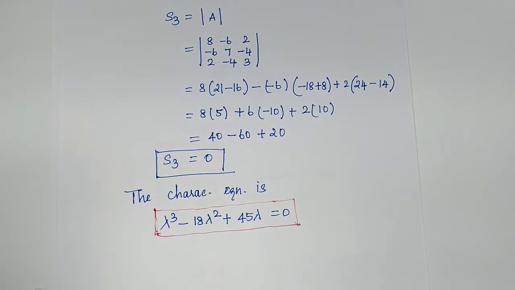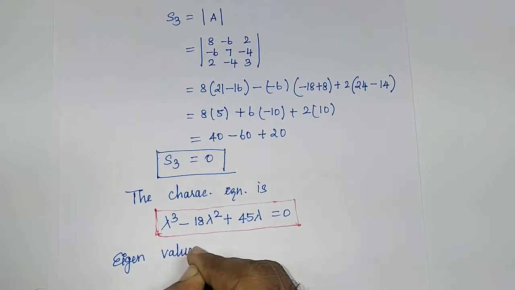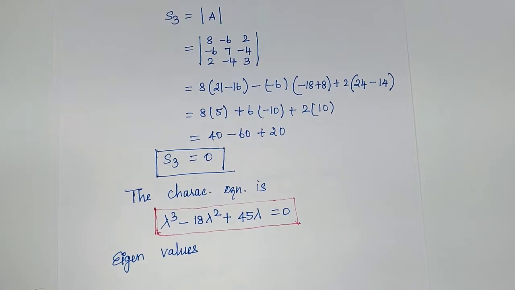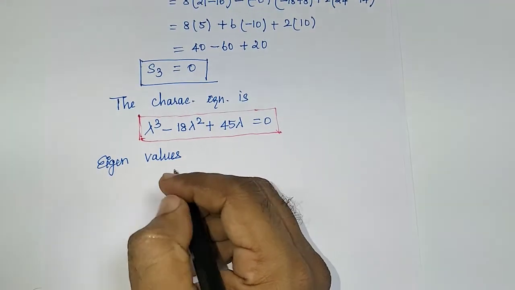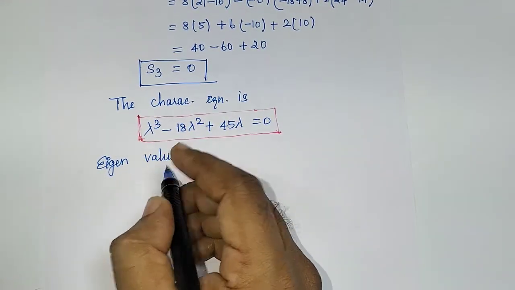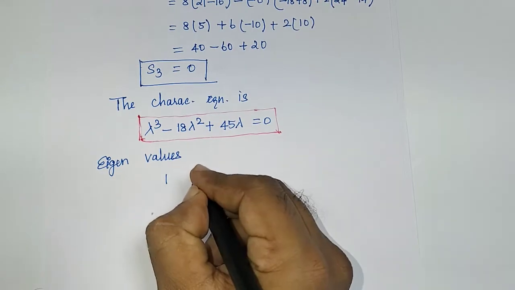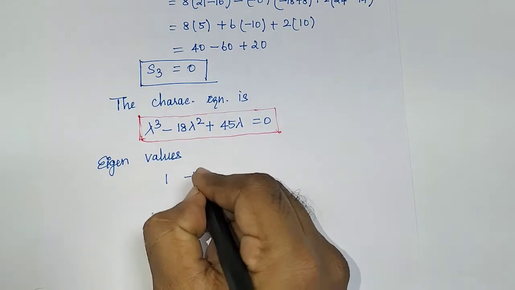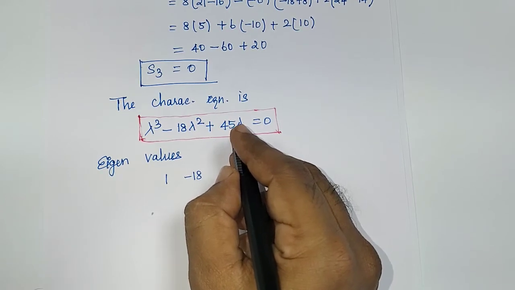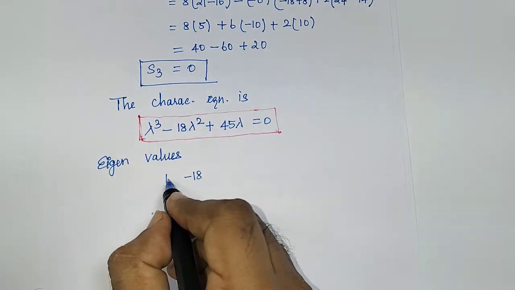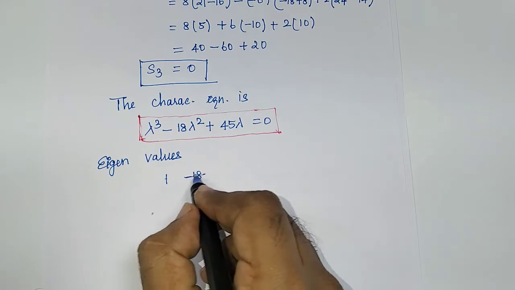Now I am going to find the eigenvalues. The characteristic equation is a cubic equation, so we would apply the synthetic division method, with lambda cube coefficient 1, lambda square coefficient minus 18. But here there is no need to apply synthetic division.